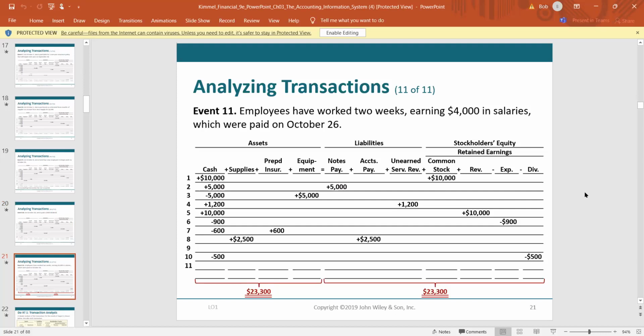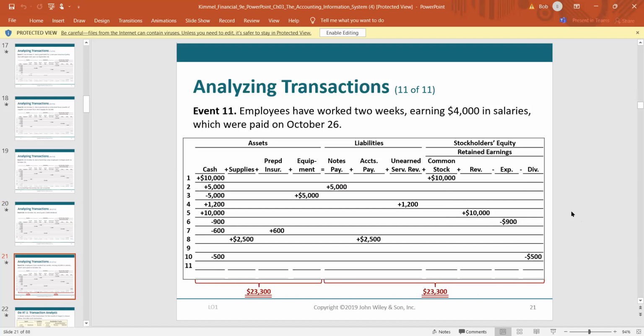So your dividends go up, but because they reduce equity, they're showing it here as a minus, okay? So if you're looking at your equity now, you've got 10,000 in common stock plus 10 here. That's 20,000. Minus this 14, you're down to 18,600. And notice that the equation has been kept in balance.